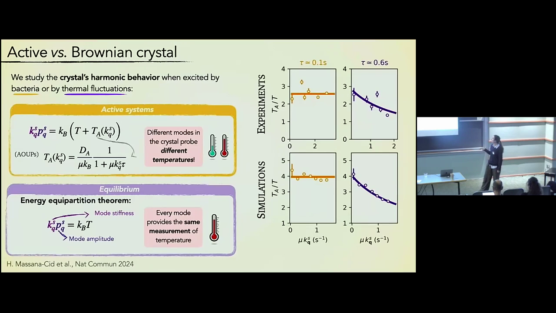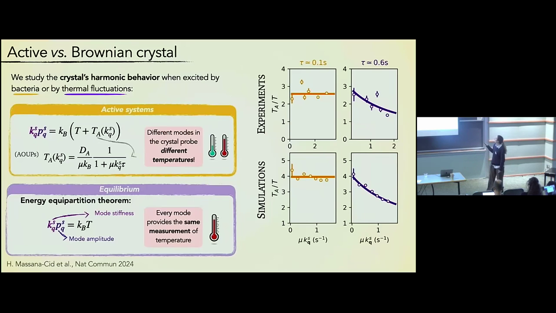And indeed, we find, and here are some experimental and simulation results for different persistence times, which is the important parameter here, that for high enough persistence time, we do find a mode dependency. So this is the active temperature scaled by the Brownian temperature. We see that for short persistence time, the characteristic is the same. It doesn't depend on the mode. It's just a hotter Brownian crystal.